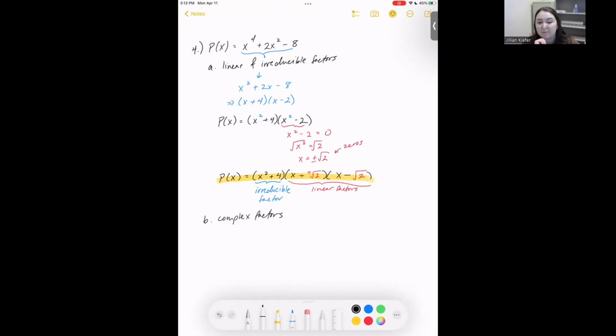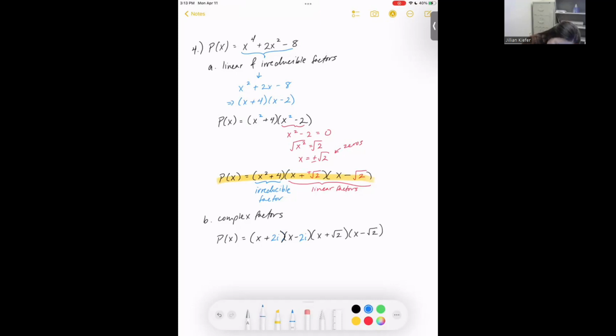So thinking of the sum of squares with x squared plus 4, using our sum of squares, this would turn into x plus 2i times x minus 2i. That was using the sum of squares, remember. Then we still had x plus the square root of 2 and x minus the square root of 2.